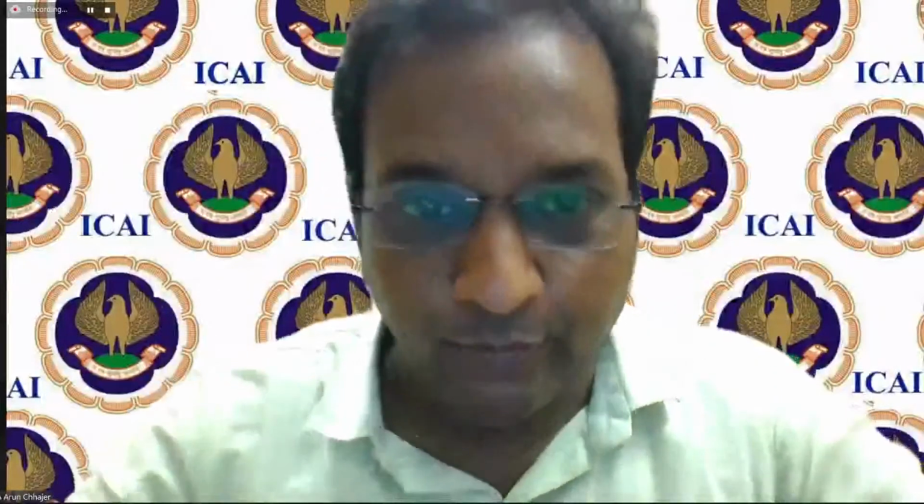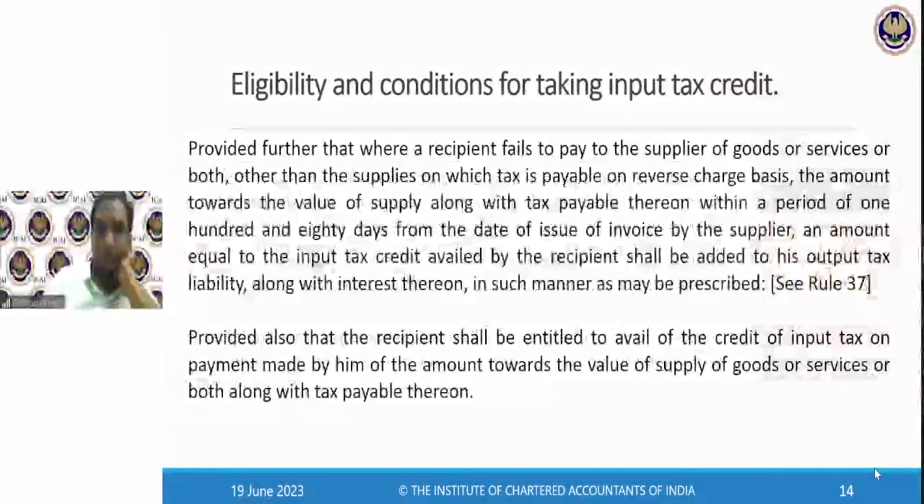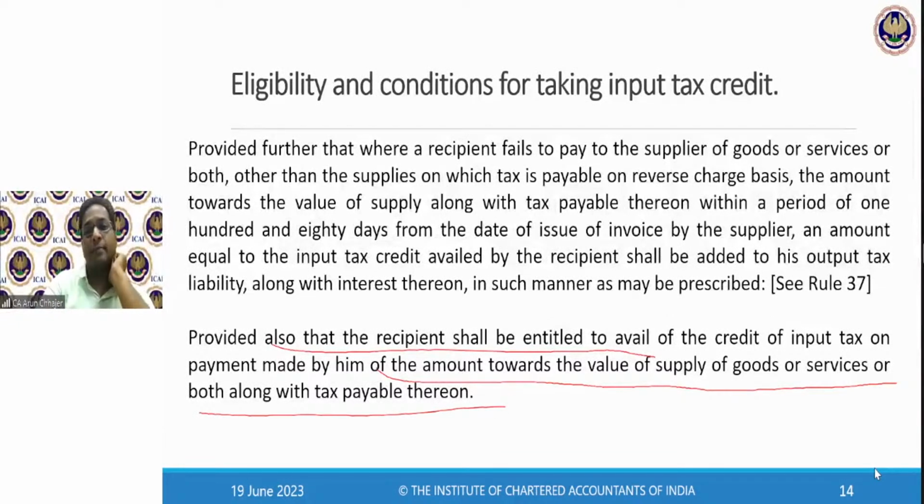Okay. Now let me move to the next point. This proviso says that the recipient shall be entitled to avail the credit on payment made by him of the amount towards the value along with the taxes payable thereon.